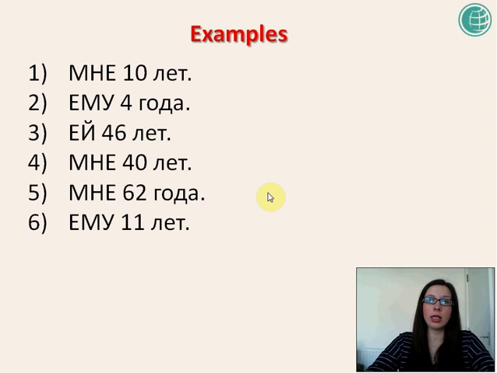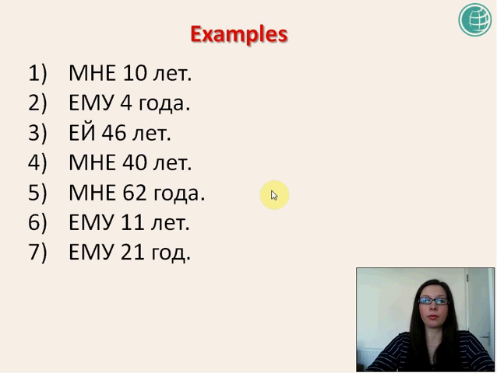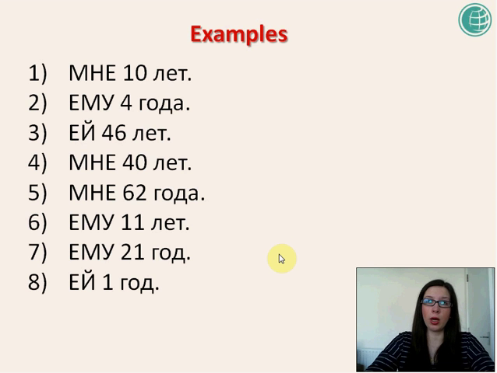Ему 11 лет. For example, это мой сын, его зовут Миша, ему 11 лет. This is my son, his name is Misha, he is 11. Ему 21 год. He is 21. And you remember 1, we need to use год. Ей 1 год. She is 1.